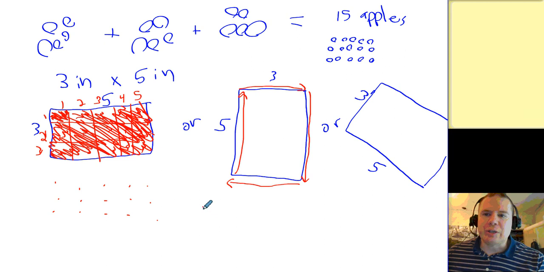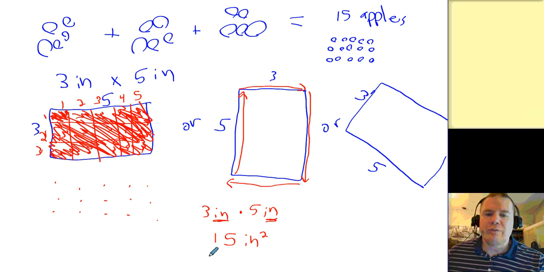Area is saying 3 inches times 5 inches. 3 times 5, we already, from our first definition, 3 fives is 15. 3 times 5 is 15. But my units are now inches times inches. That's inches squared. 15 square inches.